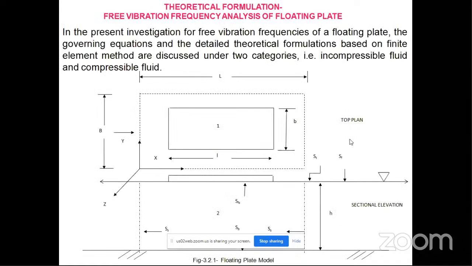Here you can see the diagram. You see the top, where a plate is floating. Think of a wide platform, just like in an ocean, a platform is floating. Then you may ask, what is the utility of the platform?